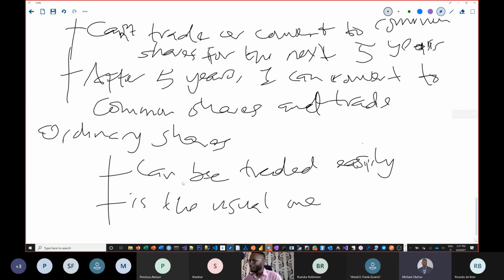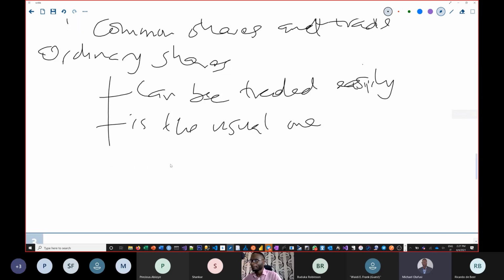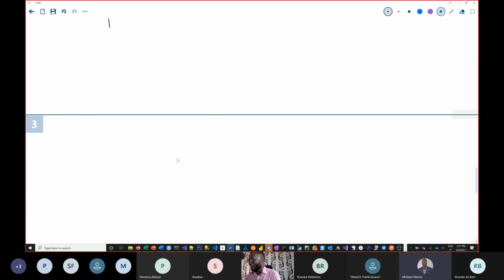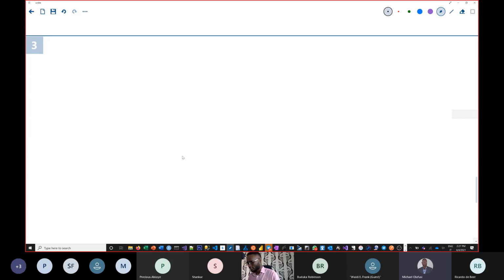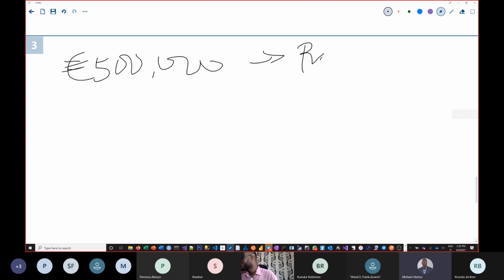Okay, so then practically, what have I seen as differences? What I have seen as differences is this. I work remotely for a private equity firm, and there have been times when they want to invest in a startup, and they could be like, we're going to put in 500,000 euros, but we're going to put it in as preference shares.